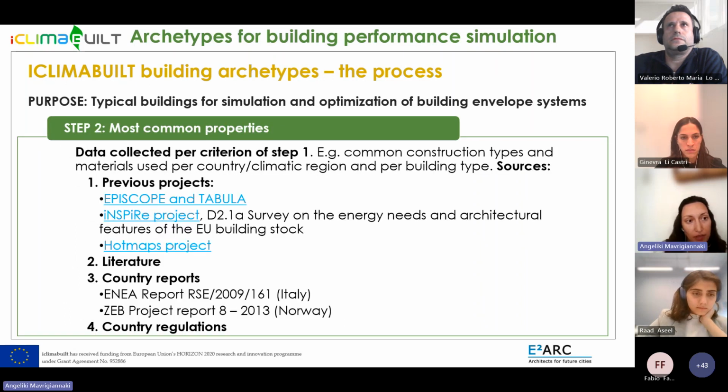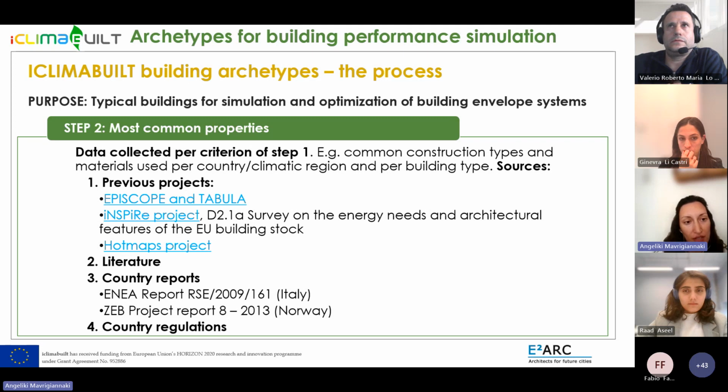Then, having completed the first step, we moved forward to collect the data for the most common properties per criterion of step 1. For example, the most common construction types and materials used per country and per building type.